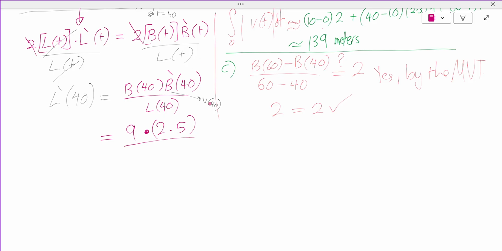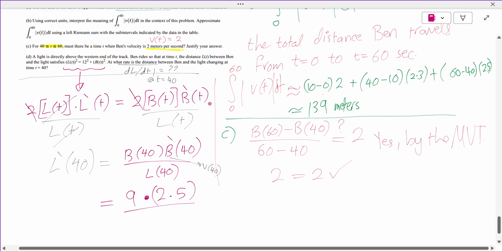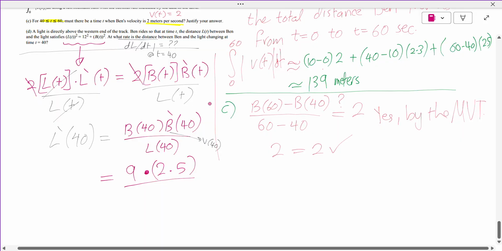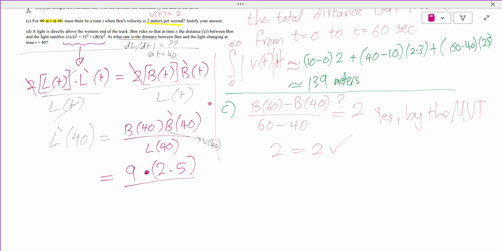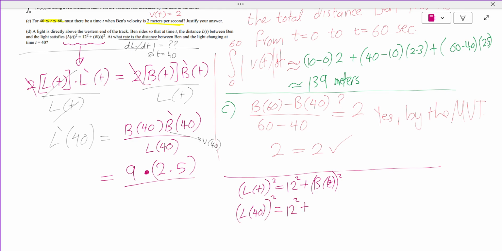We don't know what L of 40 is, so we can find it, right? We can go back to the given formula in part D. From part D we have L of t squared equals 12 squared plus B of t squared. So we are finding L of 40, so L of 40 squared equals 12 squared plus B of 40 squared.